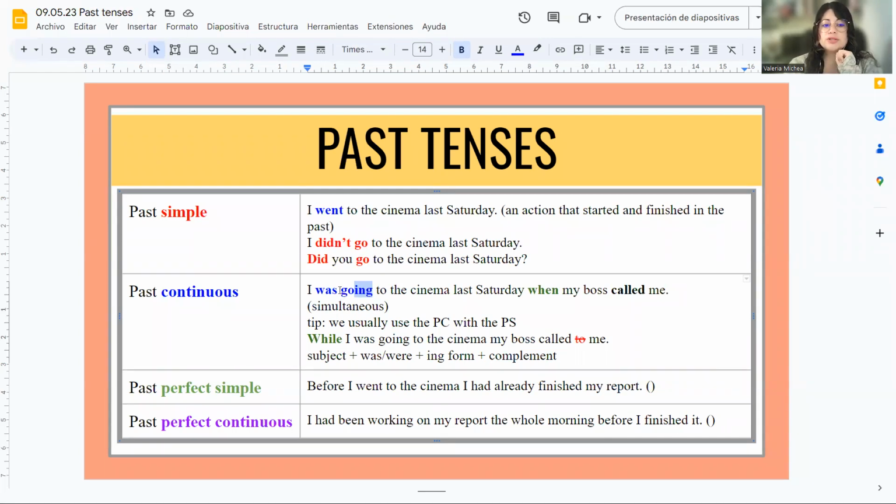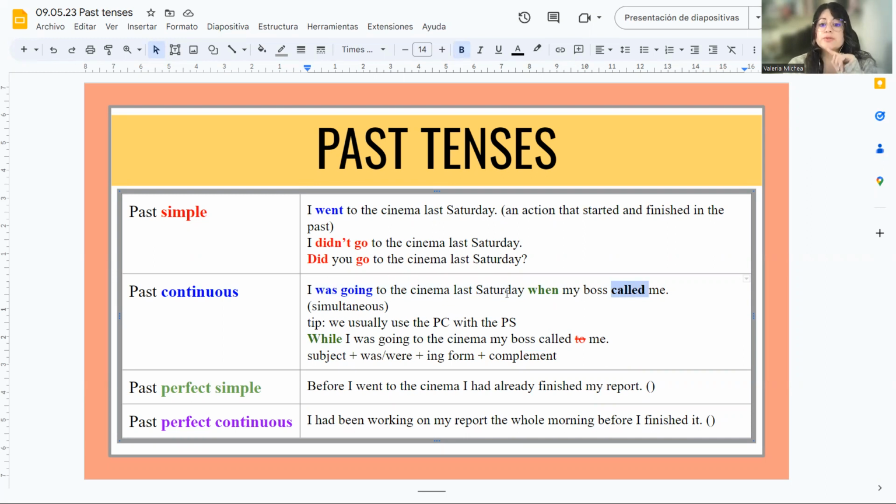Another thing that we mentioned about the past continuous is that we usually use it with another connector, which could be when or while. And also, when we use the past continuous, we would usually, not always, have it accompanied by another verb, which is in the past simple.